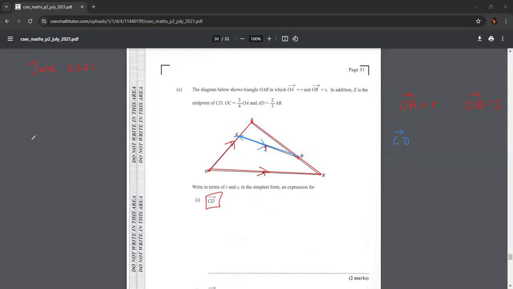Now you might say, all right, miss, we could probably start from C and go to O and then go this way, but it doesn't form a triangle. It must form a triangle.